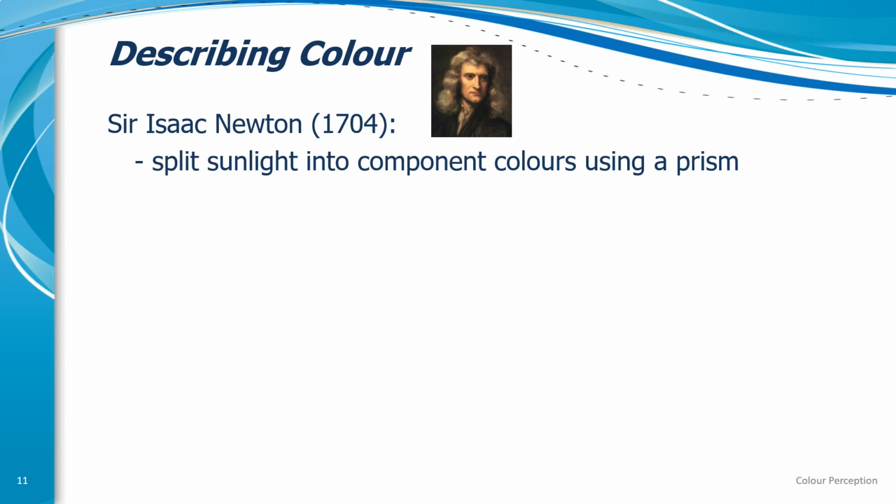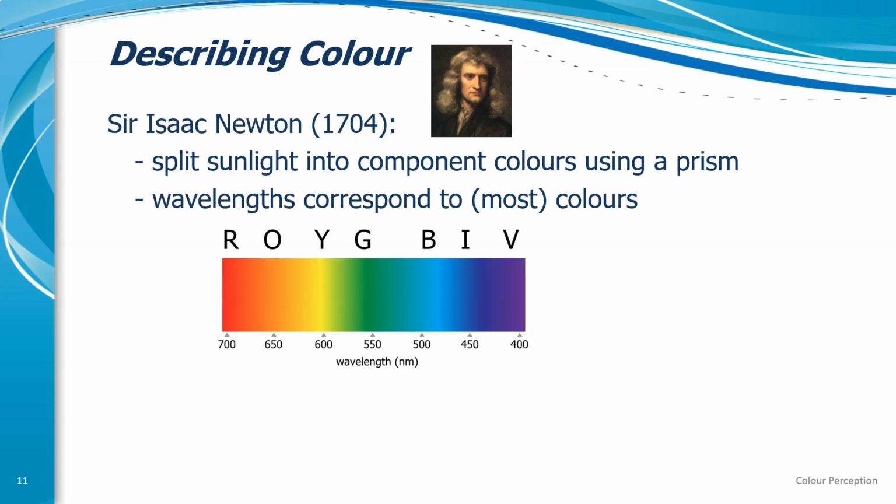Now this came as quite a shock to people because he took white light, sunlight, believed to be absolutely pure, and by passing it through a prism, split it up into all the garish, brightly colored colors of the rainbow. Now the wavelengths correspond to most colors. We'll get to that in a second.